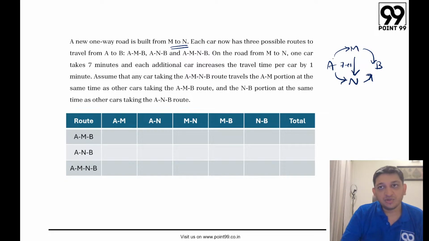So there will be two routes. A to M, I'll put it in another color. I'll use two colors. Which color should I use? This one I'll use.